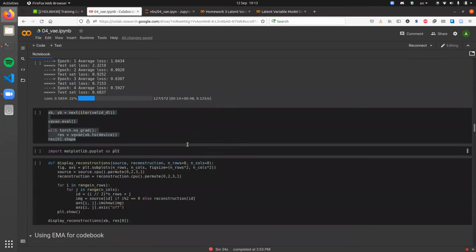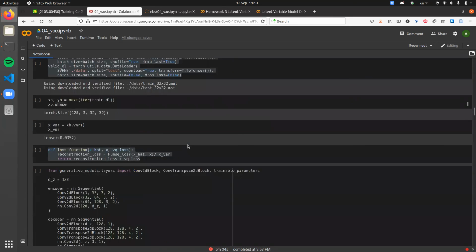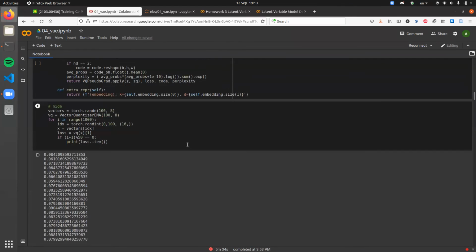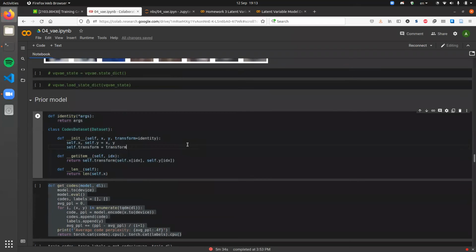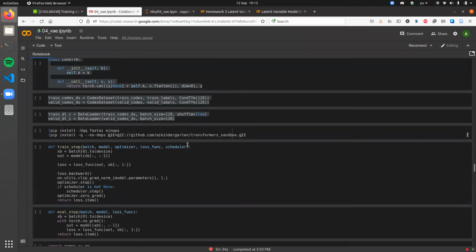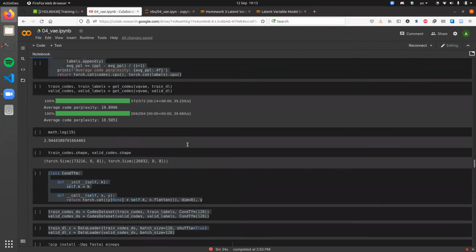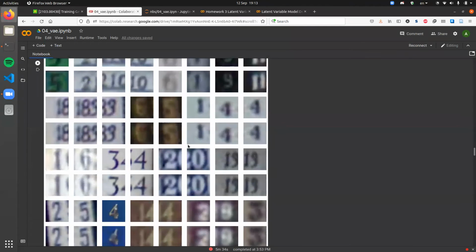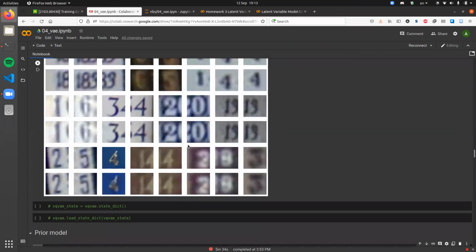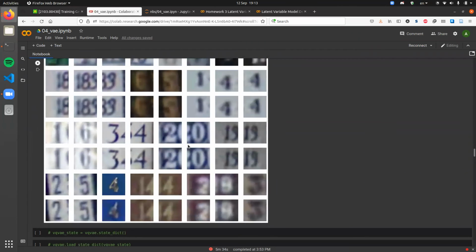I have compared here the training with exponentially moving averages and with the regular approach, and the results were close, but not quite the same.